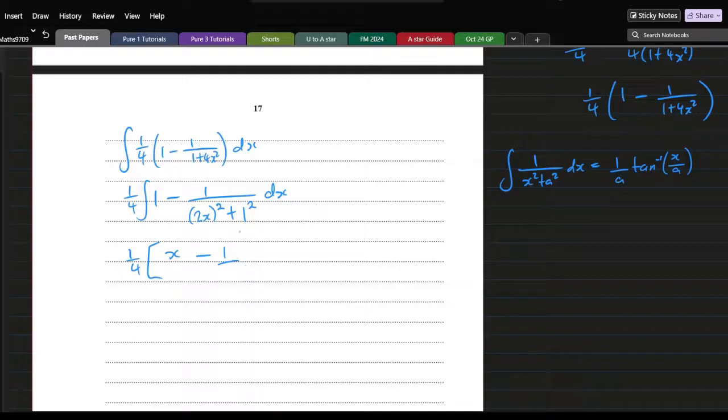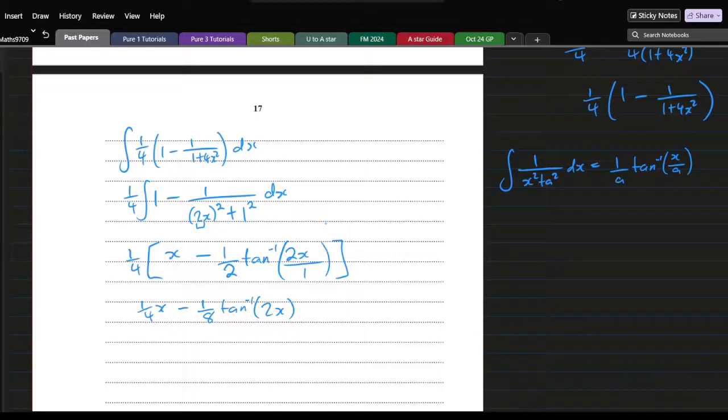In this case our a is 1, but notice how we've got 2x instead of x, so it means we also have to divide by that 2 over there, and that's arctan of 2x divided by a is 1.